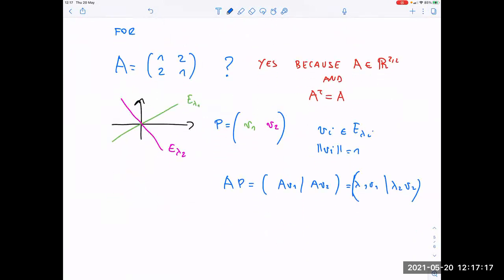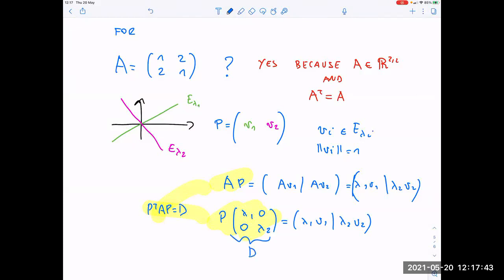And if you multiply P by the diagonal matrix lambda 1, 0, 0, lambda 2, you will get again lambda 1 V1, lambda 2 V2. And so you get that these two are equal. And so you get that P transpose AP is equal to the diagonal matrix D. This is just to make a short recap, okay?